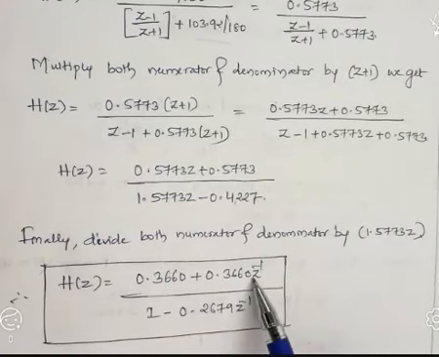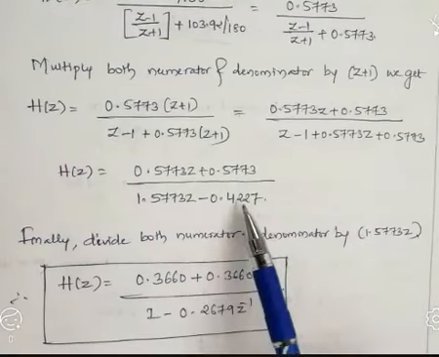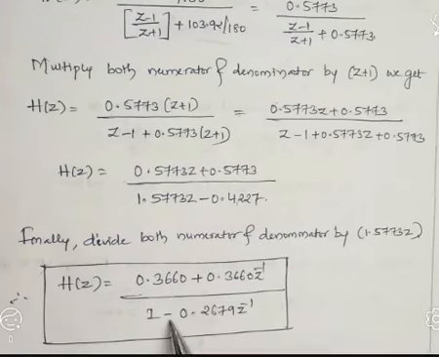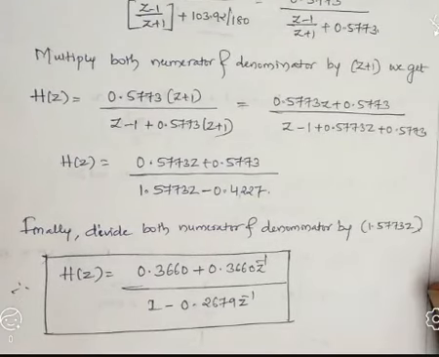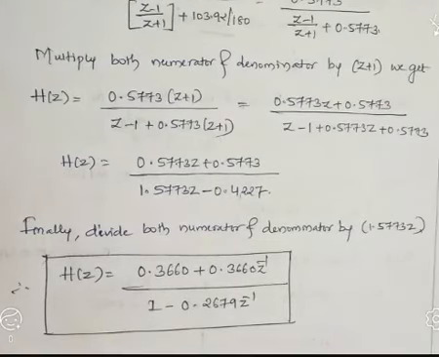The denominator becomes 1 minus 0.4227 divided by 1.5773 z, which gives minus 0.2679 z to the power minus 1. Ultimately we got H(z), the digital filter. Hence H(z) equals 0.3660 plus 0.3660 z to the power minus 1 divided by 1 minus 0.2679 z to the power minus 1.